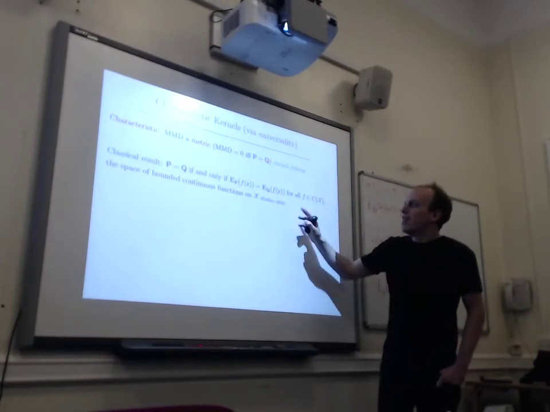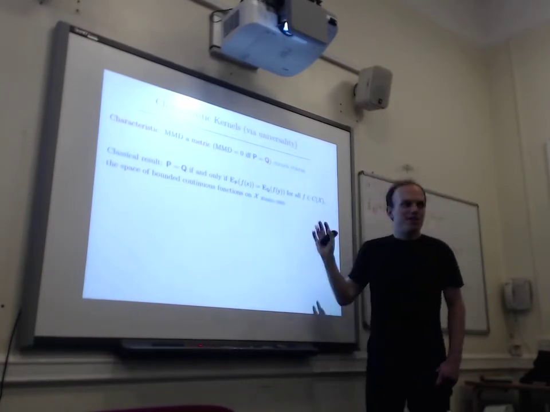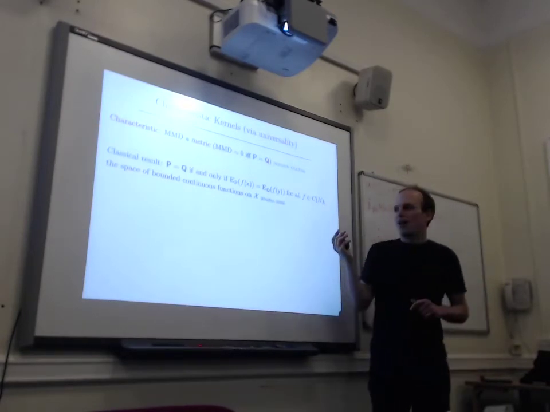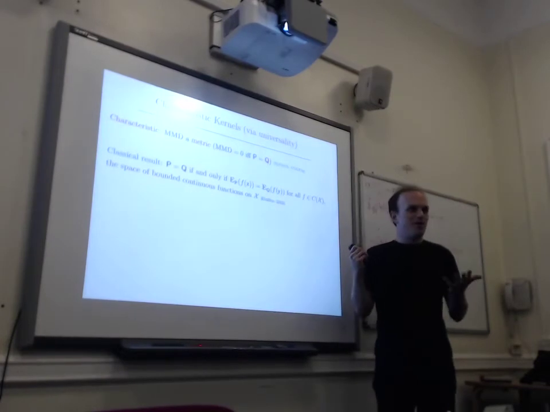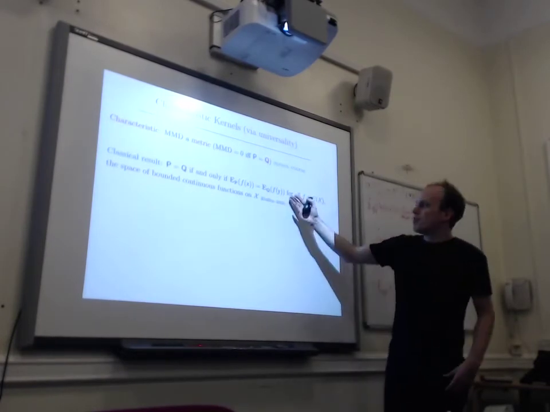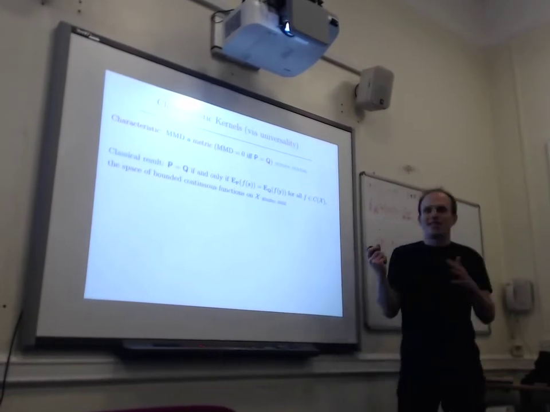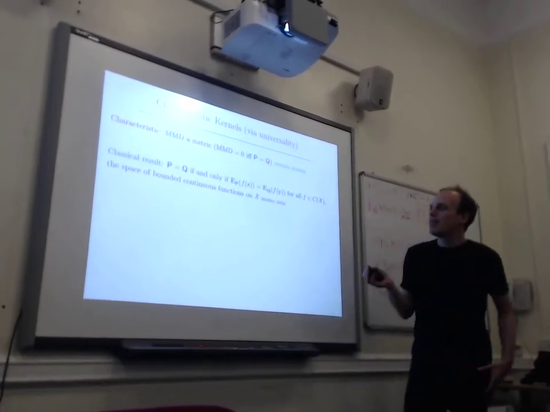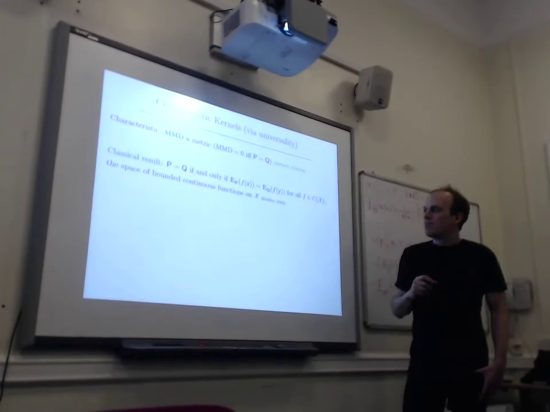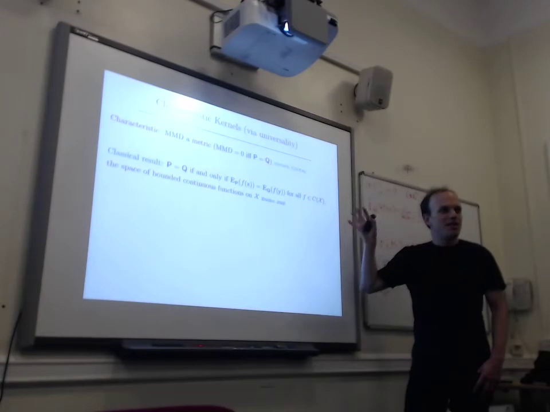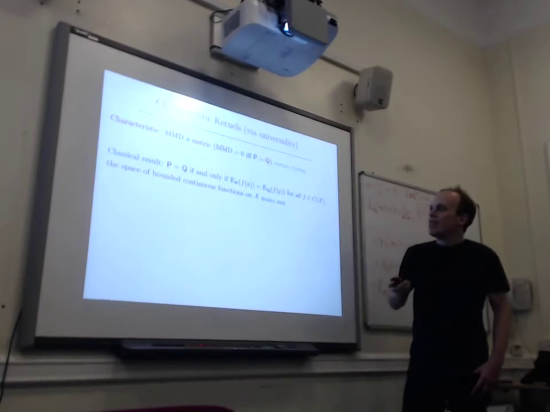So remember, bounded continuous functions were not terribly useful when we're trying to distinguish P and Q from samples, because on the basis of samples, they're basically only telling you whether the points are in the same place or not, and nothing else. So this set of functions on its own isn't terribly useful.